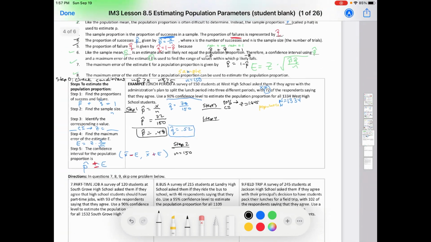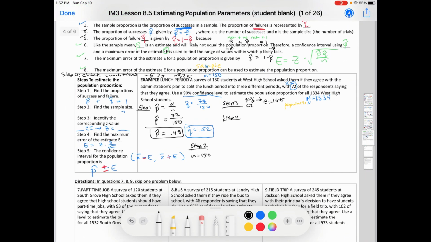We're making sure that we have the right condition, so I'm going to do that down here, kind of out of order. So step 0, I have n times p hat greater than or equal to 5, and n times q hat greater than or equal to 5.